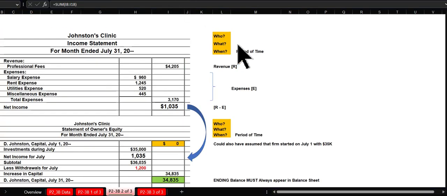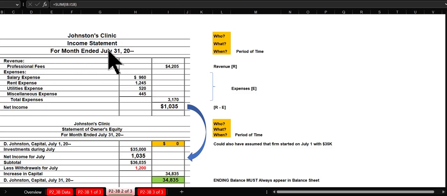The first financial statement that is normally prepared at the end of a period is the income statement. This is the financial report that summarizes the financial performance of an economic entity, in this case, Johnston's Clinic for the month of July. Notice that whereas the trial balance was on July 31st, this is saying that it's for a period. This is for the month.